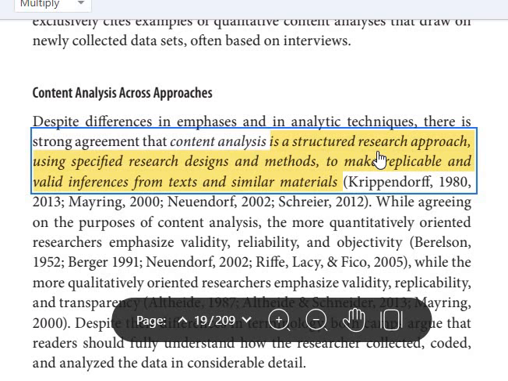That it depends on certain methodologies. It is not random. That's why we call it structured. It is systematic. You use it just like a scientific process. You use it in steps, one by one, gradually. You use specified research designs and methods. You don't do it randomly.